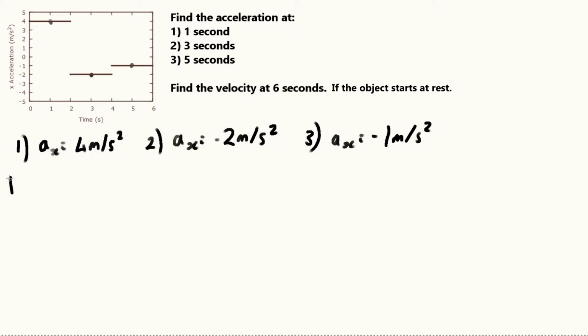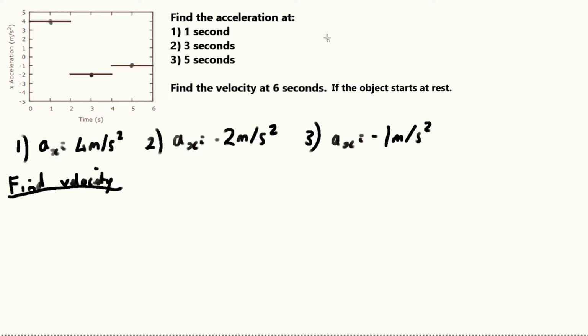Next, we need to find the velocity at 6 seconds. We shall write this down to show the change in answer. We need to find the change in velocity, or find the velocity at 6 seconds.